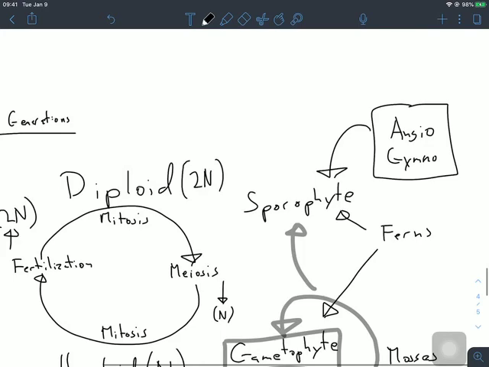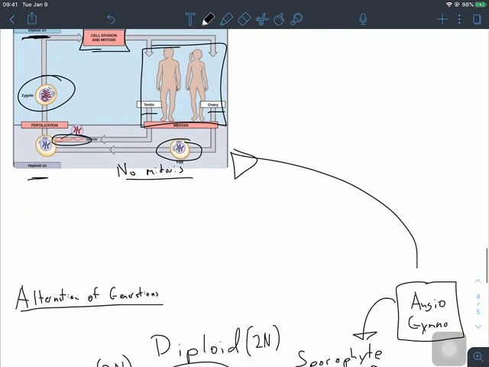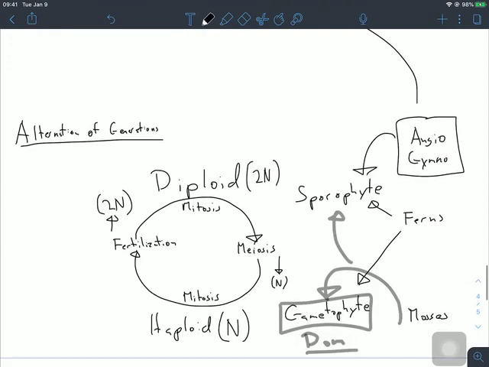So gymnosperms and angiosperms are much more like this system where the egg and sperm are reliant on living within or near the original parent than what we have in mosses, where the egg and sperm go off and form their own bodies.